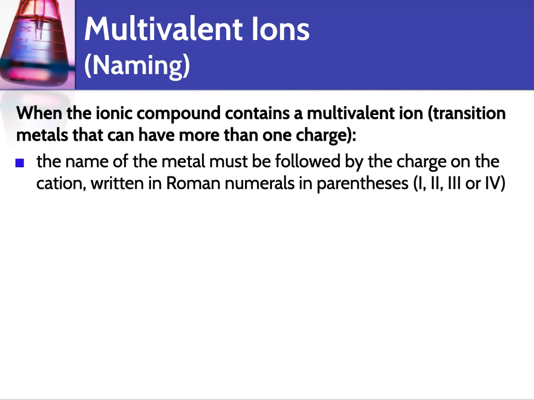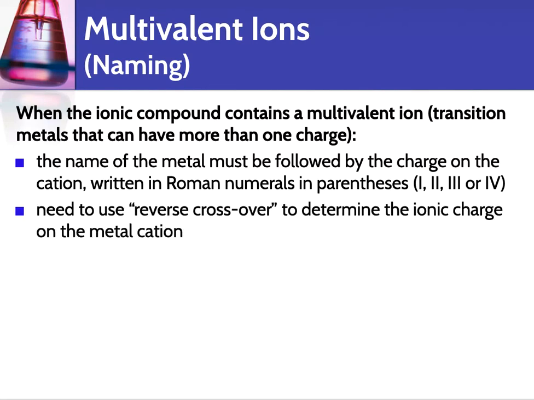So you'll need to refresh your Roman numerals. Really, the only ones you're going to need are 1, 2, 3, and 4. And then you need to use a reverse crossover to determine what the ionic charge was. Let's look at examples, and hopefully that will become a little clearer.